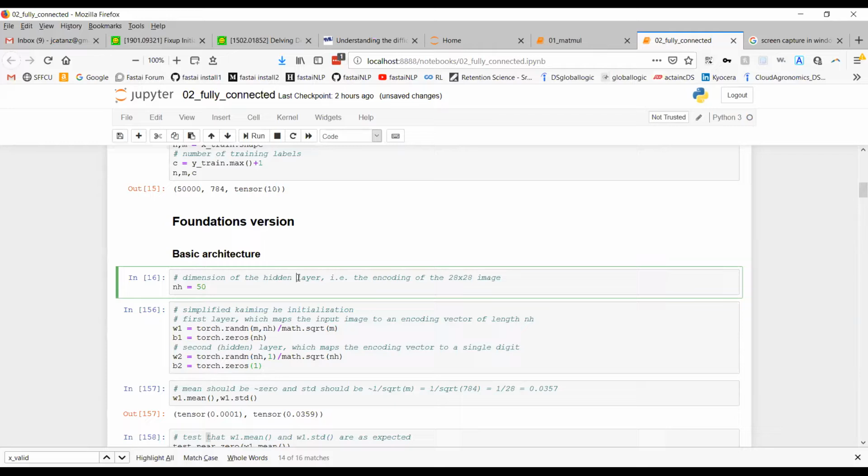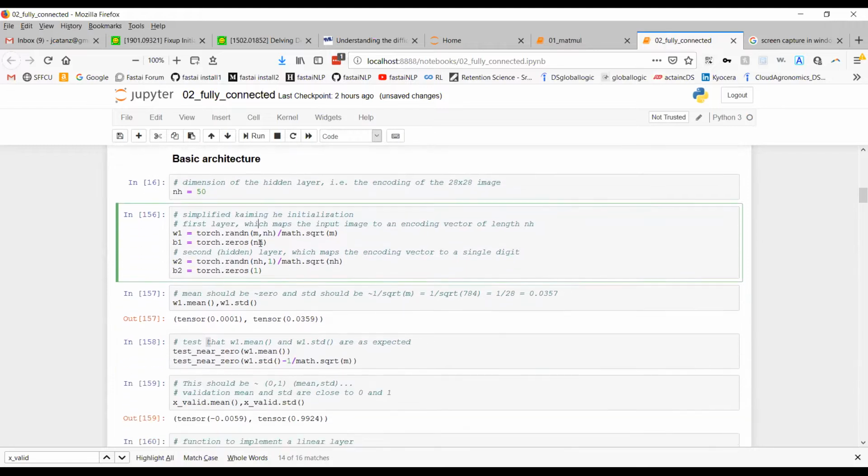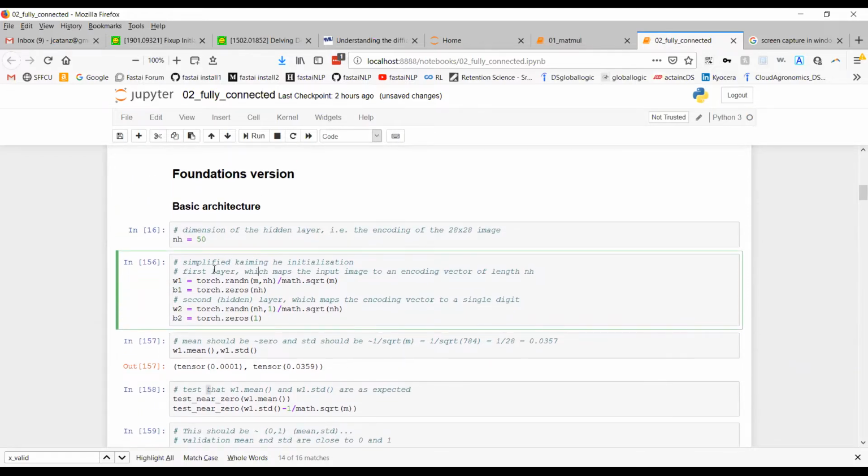The neural network just fits it and figures it out. That's why it's called the hidden layer. The pixels mean something to us. If we take that 28 by 28 image, we can look at it and make some sense out of it, but you're not going to make any sense out of the 50 element encoding of that.